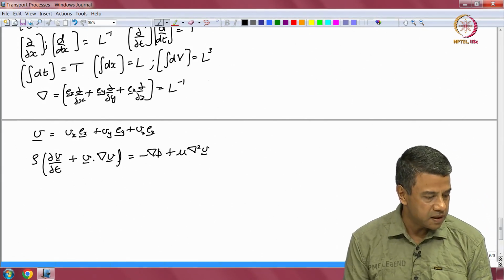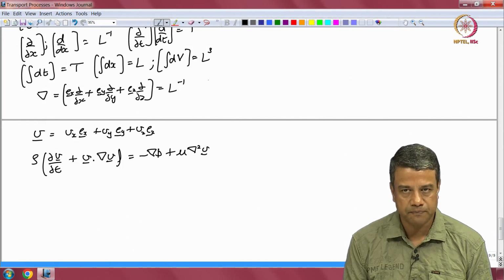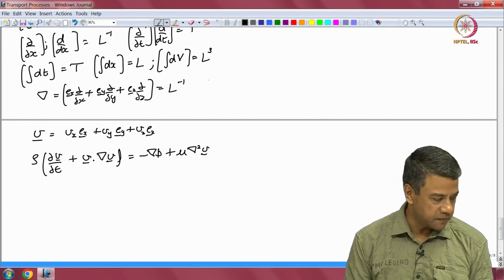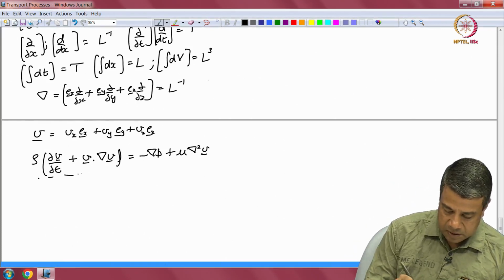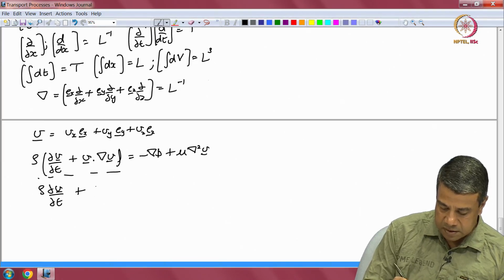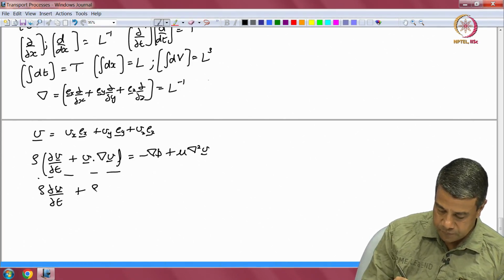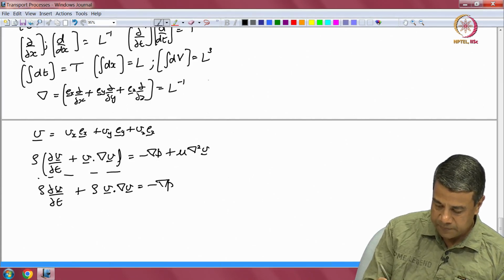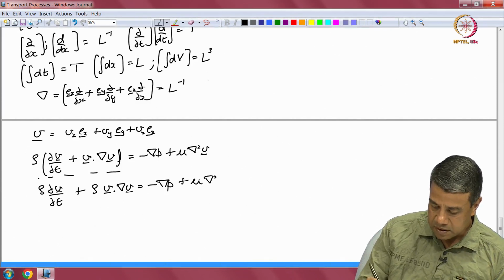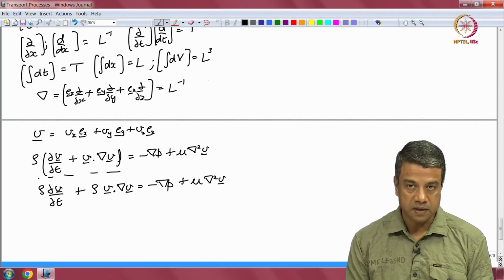The dimension of each additive term in this equation is the same, and that is equal to the dimension of the equation. Therefore, I have to express this in terms of additive terms. How do I do that? I expand out this bracket: rho times partial v by partial t plus rho v dot grad v is equal to minus grad p plus mu del square v. And now I have to find what is the dimension of each term in this equation.